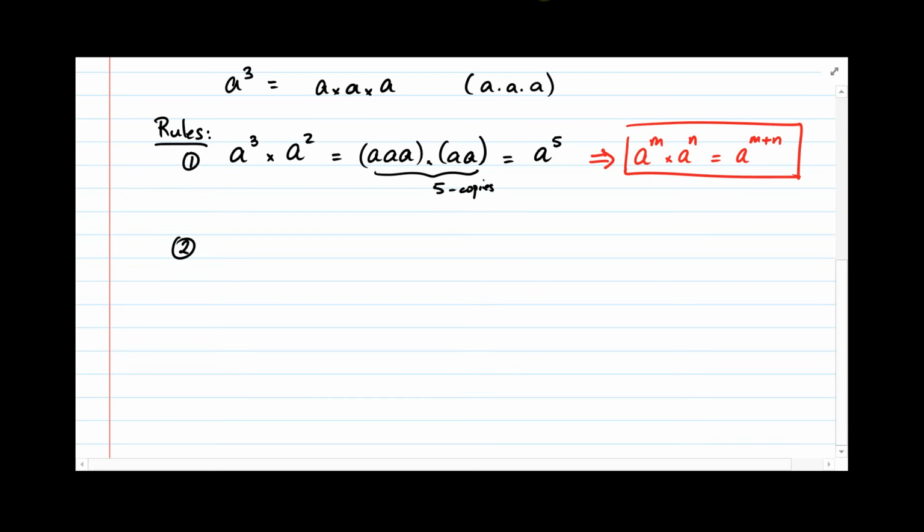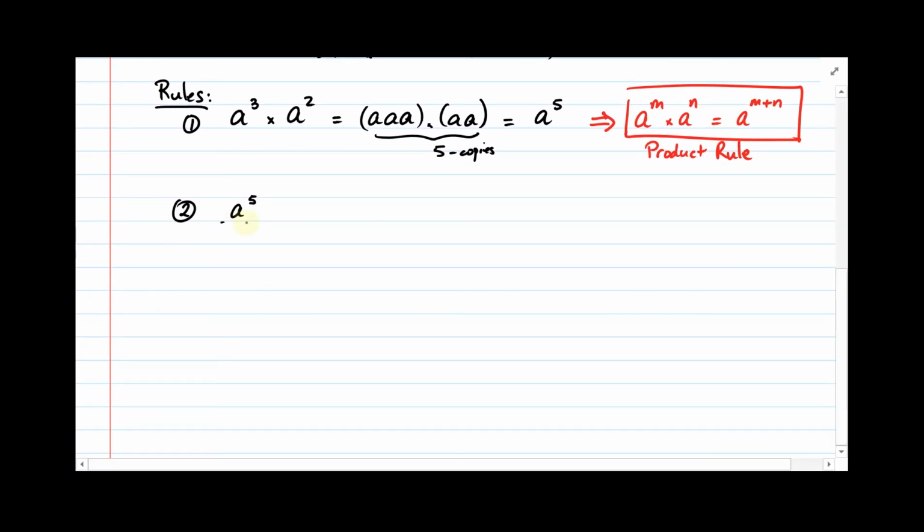Okay, so that was our first rule. This is sometimes called a multiplication rule or product rule. Second thing that we have, let's go the other way, and write a to the 5th divided by a cubed. Again, going back to first principle, I have 5 copies of a in the numerator and 3 copies of a in the denominator. And we can just do our fraction cancellation.